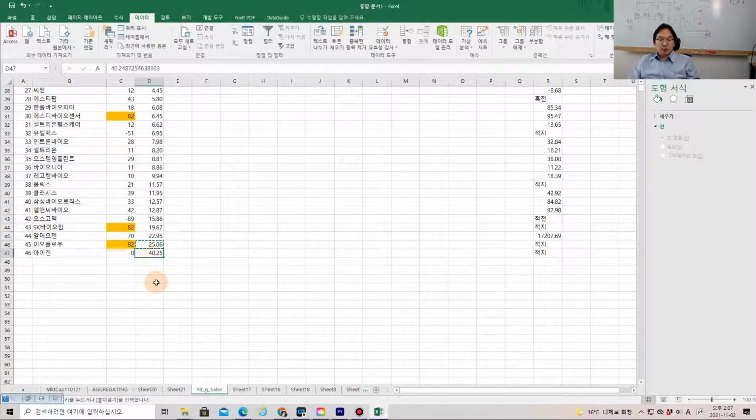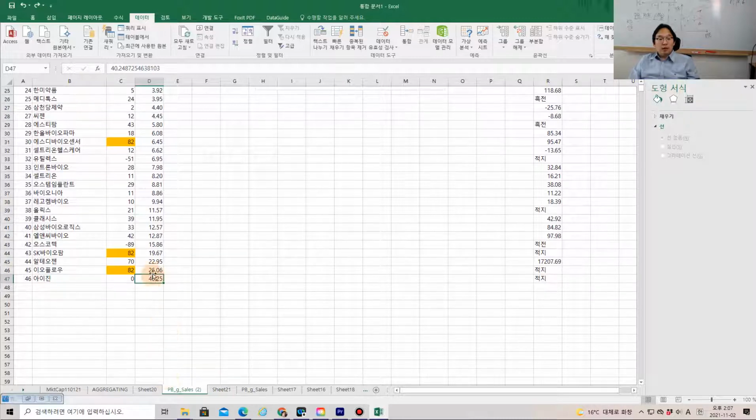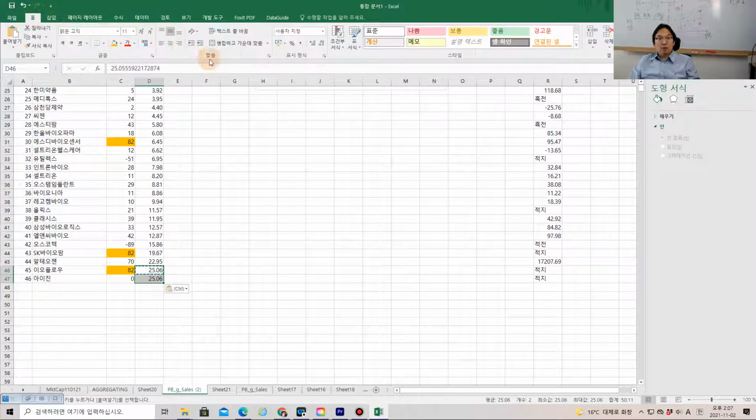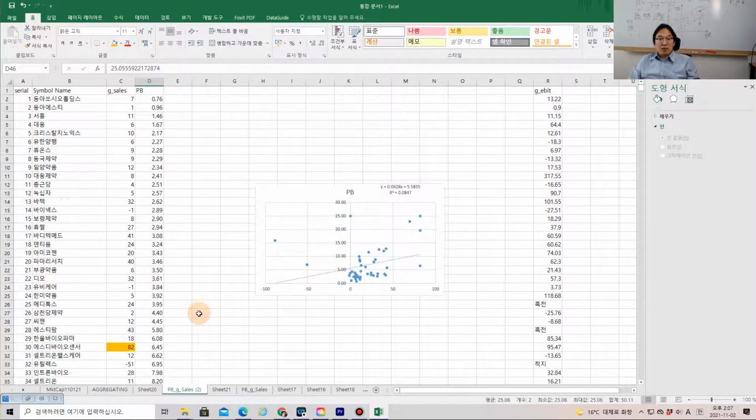Instead of doing that, why don't I just copy it, and then number 2, and then Winsorize it, so that these two values are equal, right? I just massage the data like this. You see now the slope is bigger and R squared is bigger. So I'm going to have much more significant results than before.